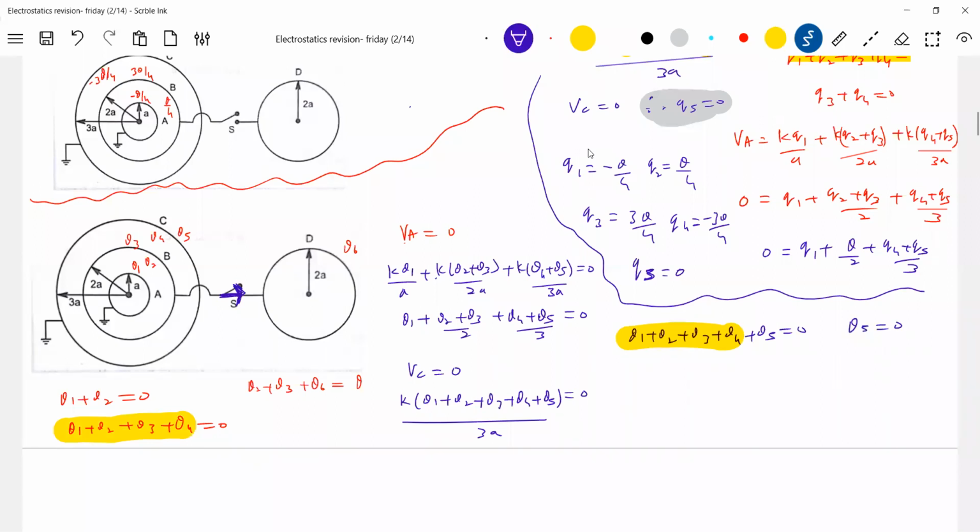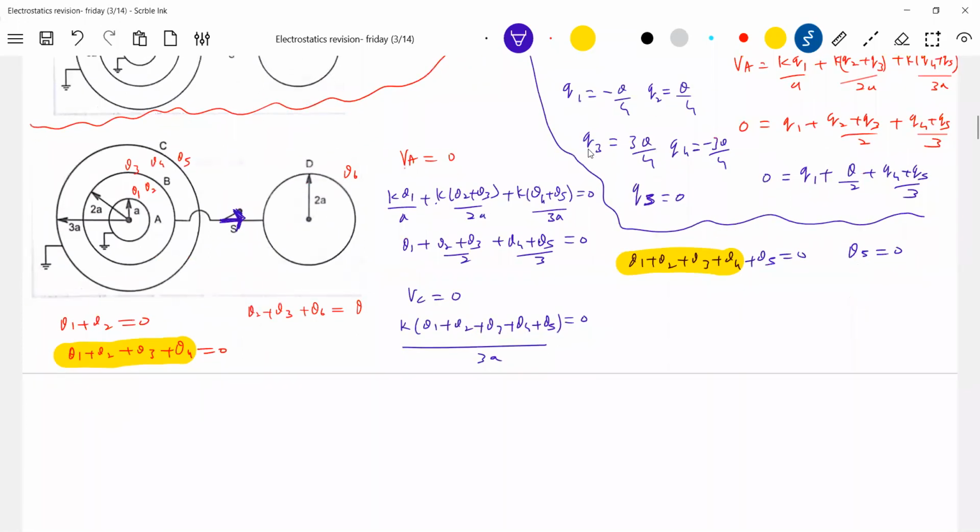Keep it here now. If Q5 is 0, Q4 plus Q5, it is okay, we need not write that equation. Now the potential of shell B is equal to the potential of shell D.